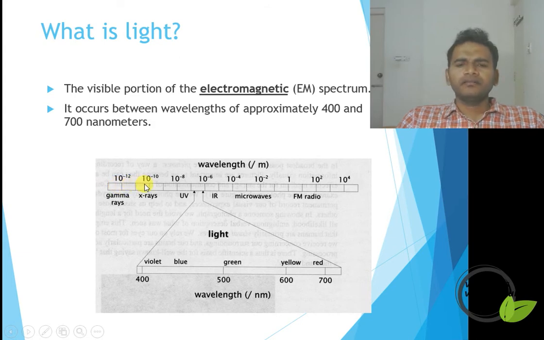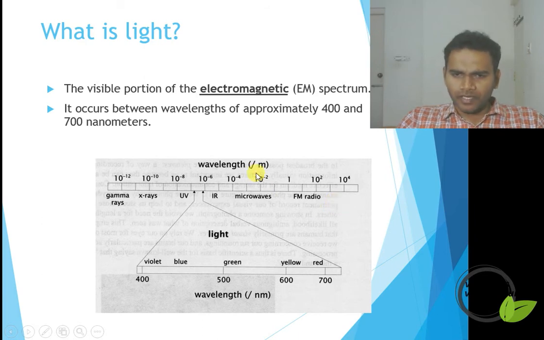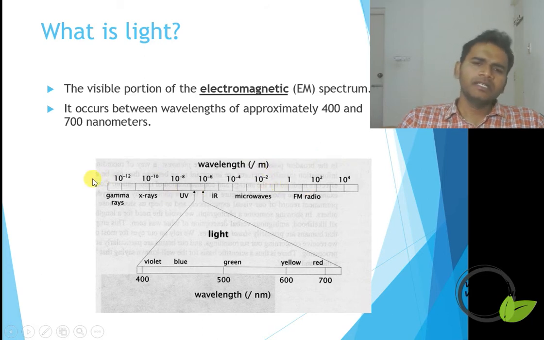And then you have X-rays at 10 to the power of minus 10, and then UV rays at 10 to the power of minus 8, and you have microwaves in the order of 10 to the power of minus 4 to 1, and then the latest stage is basically radio wave frequency. We are not talking about this, we are limiting it to the light source we have, so we'll study about that.